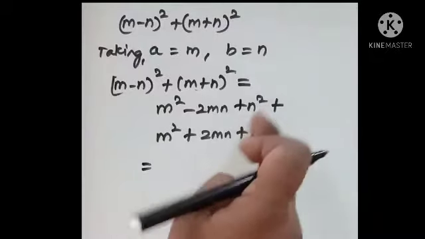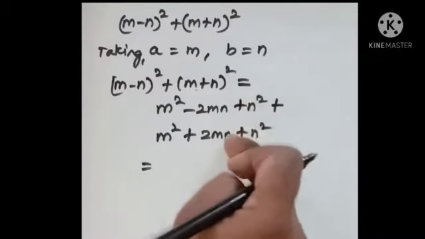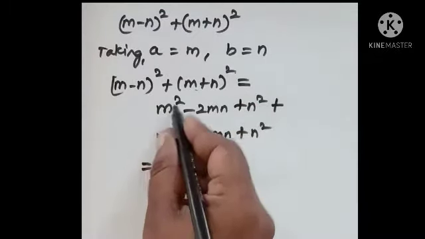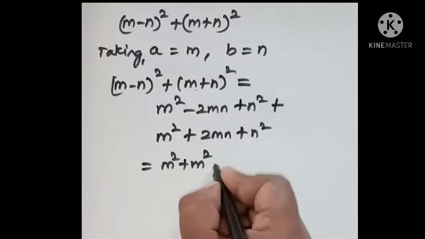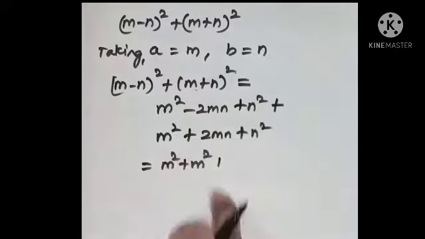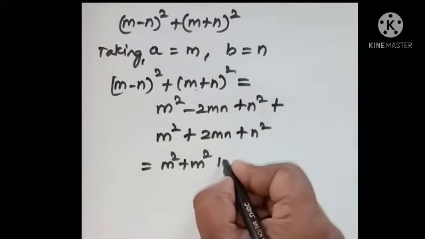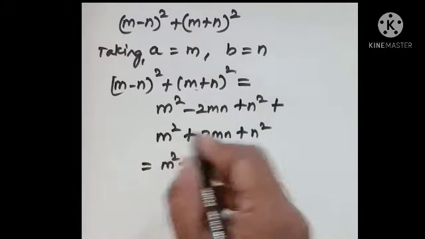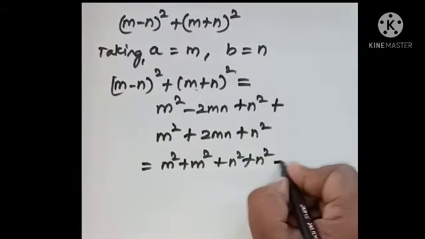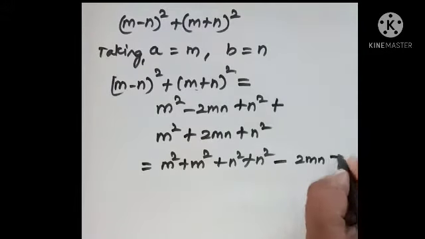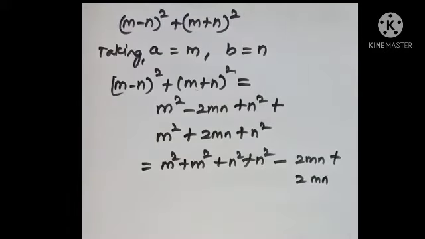When we add these two, regrouping the like terms, we get m square plus m square, n square plus n square, minus 2mn plus 2mn.